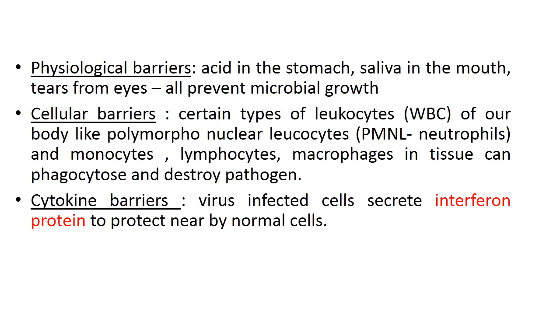So there are four types of barriers that come under innate immunity. One is physical barriers, the second is physiological barriers, the third is cellular barriers, and the fourth is cytokine barriers. All these barriers are present from birth. They protect the body against pathogens in their different ways.